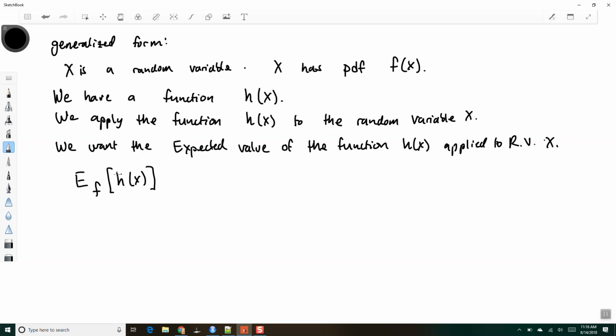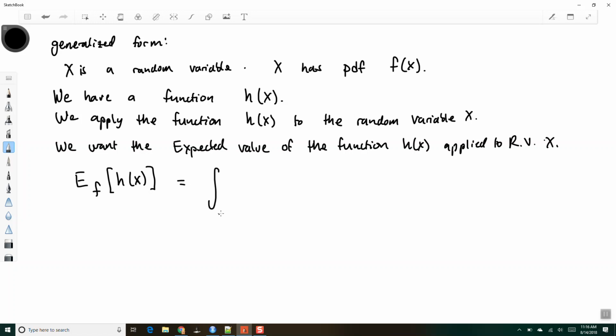This is the expected value of h applied to x, and then subscript f, meaning it's applied over the distribution defined by f.